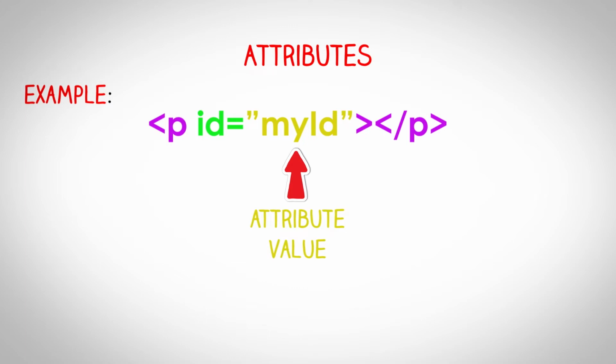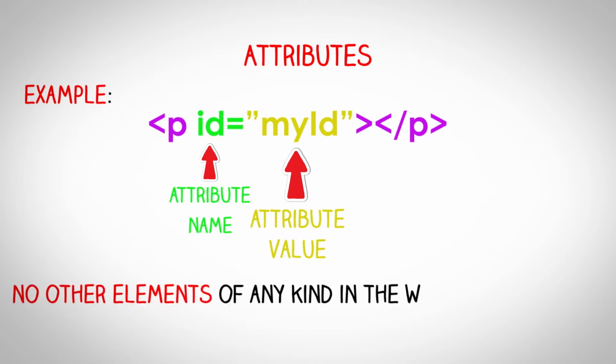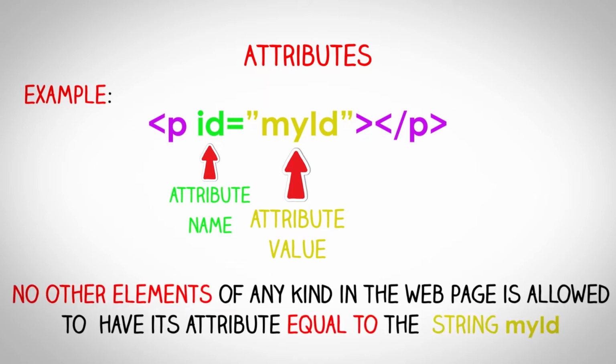Each attribute has its own rules for the meaning of its value. For example, the ID attribute has to be unique within the scope of the entire HTML document. In other words, no other element of any kind in the web page is allowed to have its ID attribute equal to the string myId.